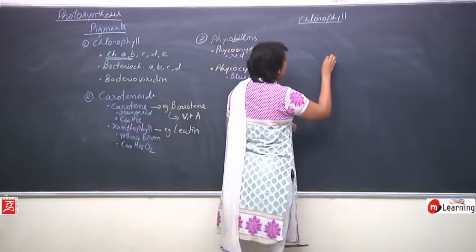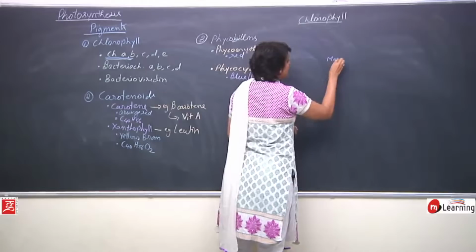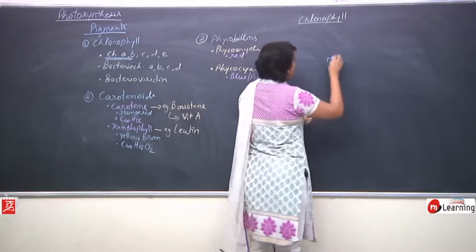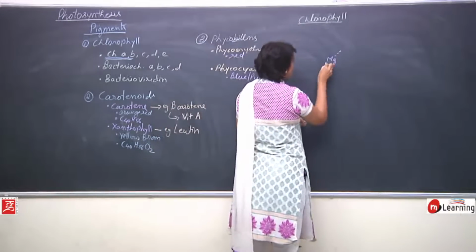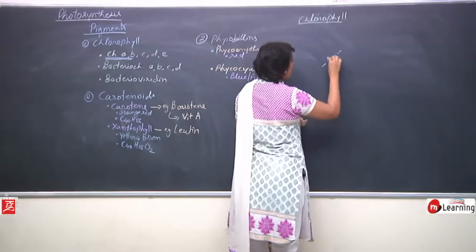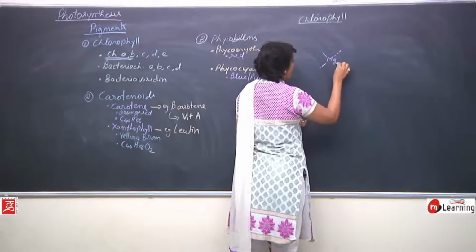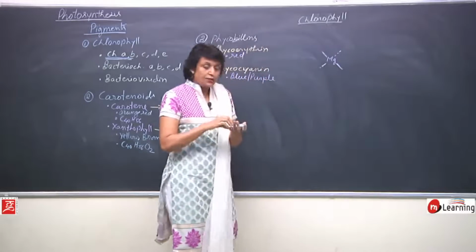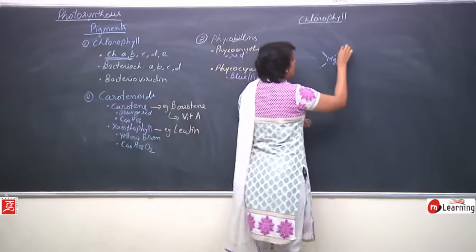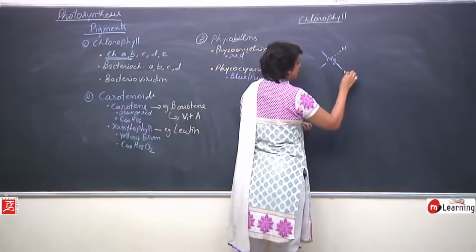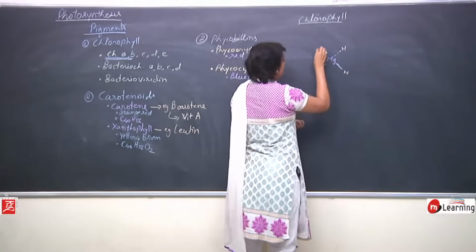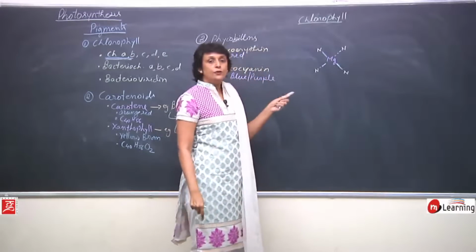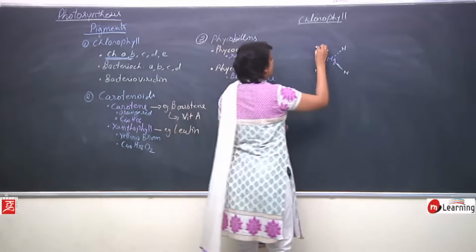The head part has magnesium ion in the middle, in the core of it, and attached to this magnesium ion are 4 rings. Each ring has 1 nitrogen. So, magnesium ion is connected to the nitrogen of these 4 rings.